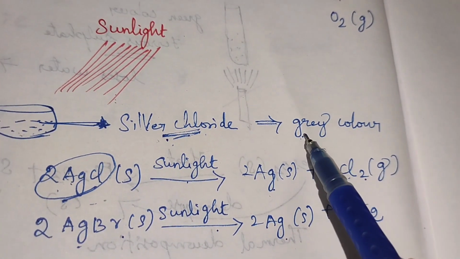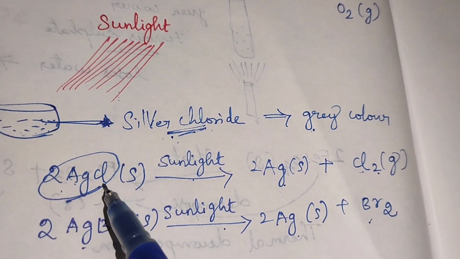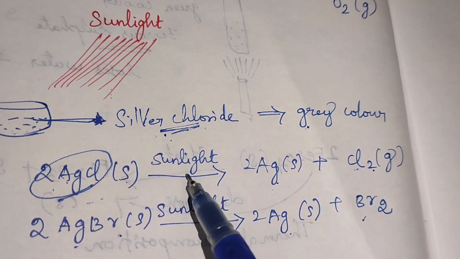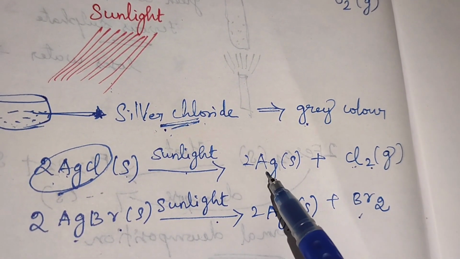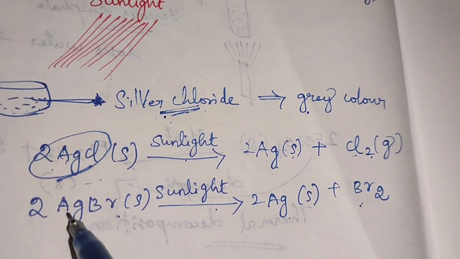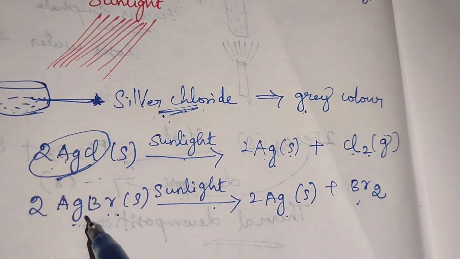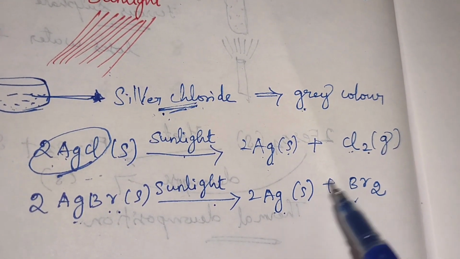The chemical equation is silver chloride, AgCl, which is solid. In the presence of sunlight, it decomposed into silver, which is solid, and chlorine, which is gas. Similarly, when I kept silver bromide in sunlight, it also decomposed into silver and bromine.